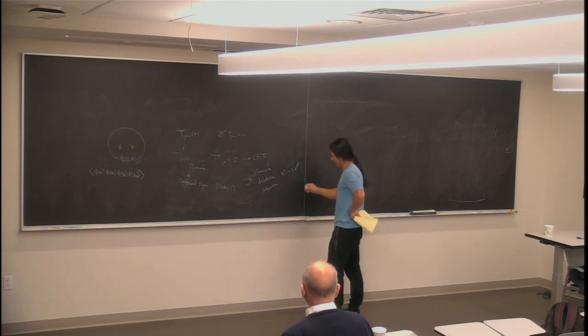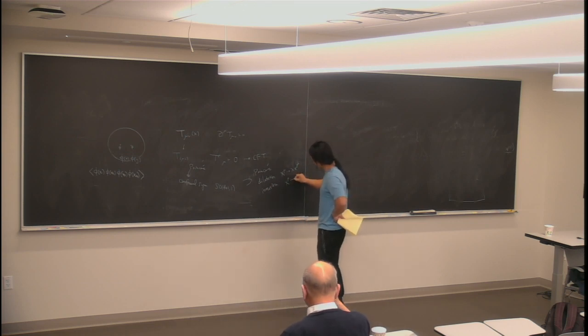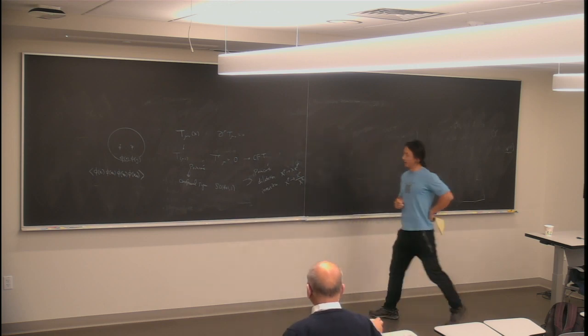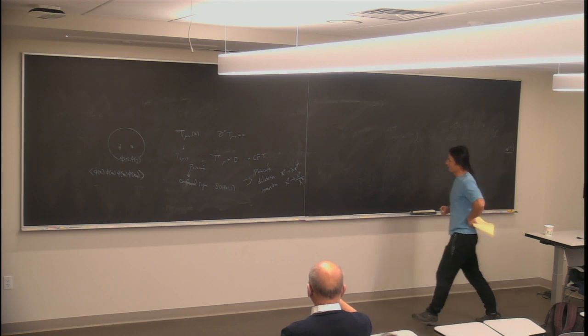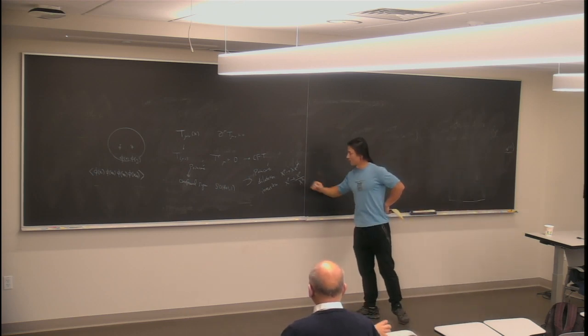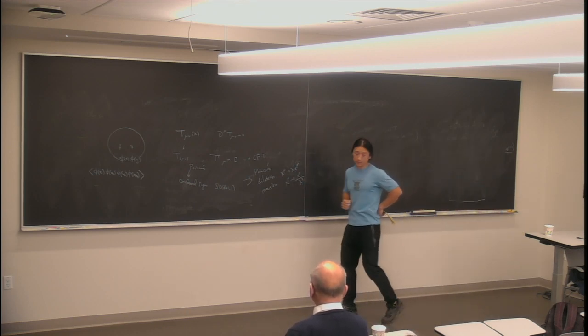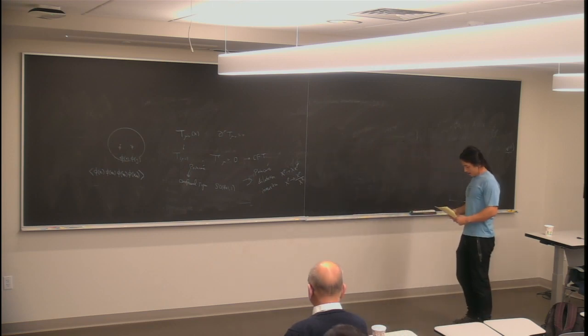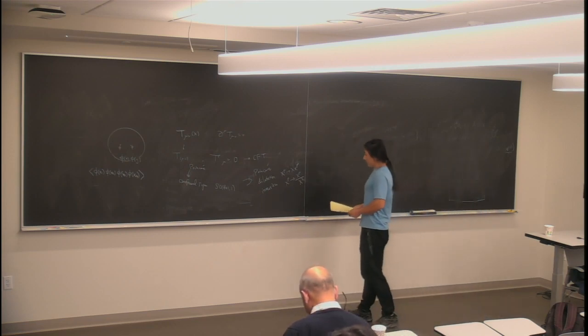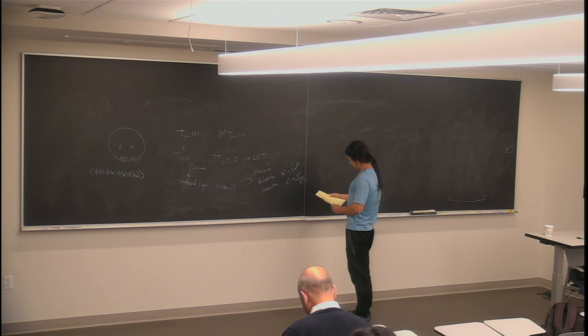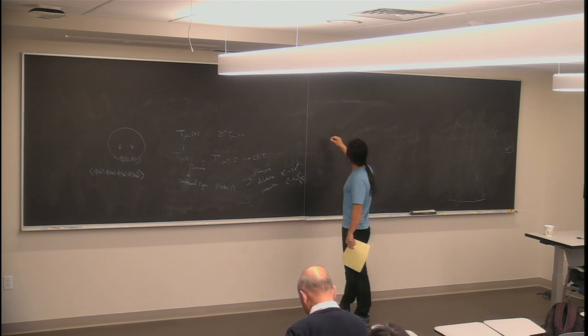I'm assuming parity, but we don't worry about this. So we send x mu to x mu over x squared. Of course, it's a discrete transformation, but these together generate the entire conformal group.